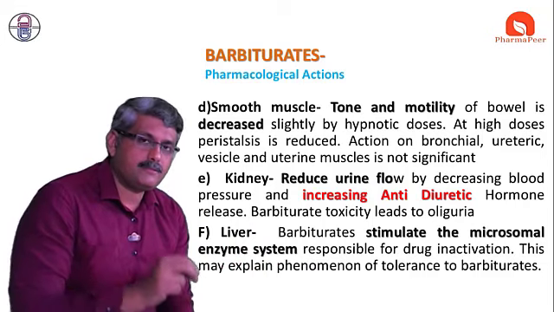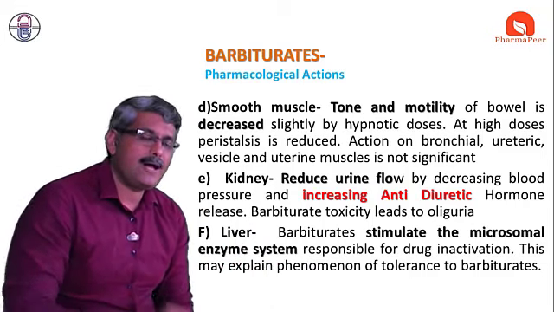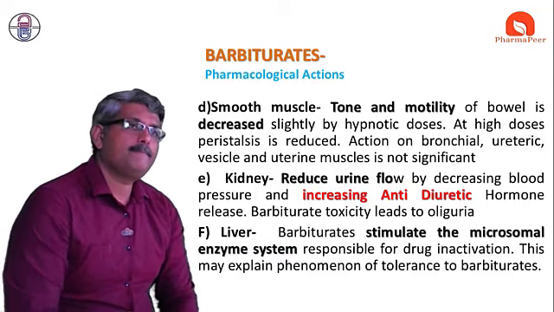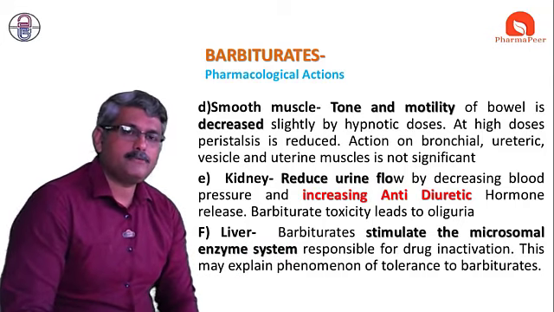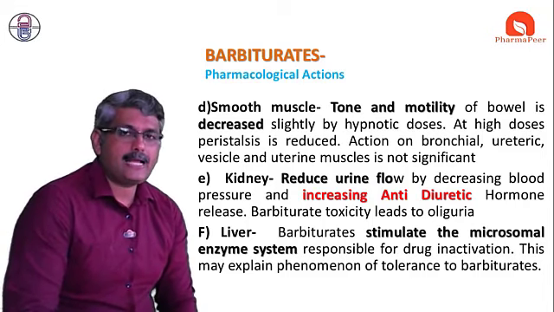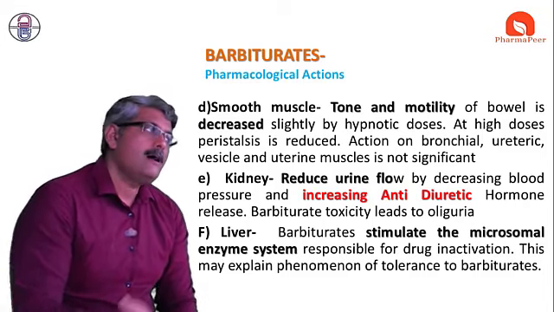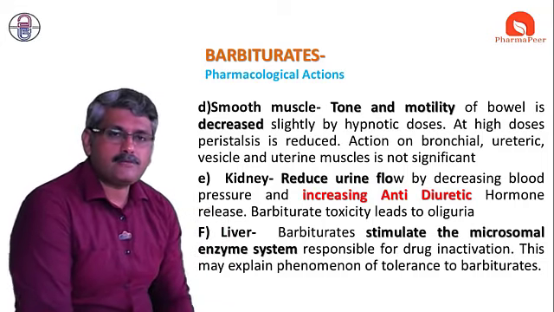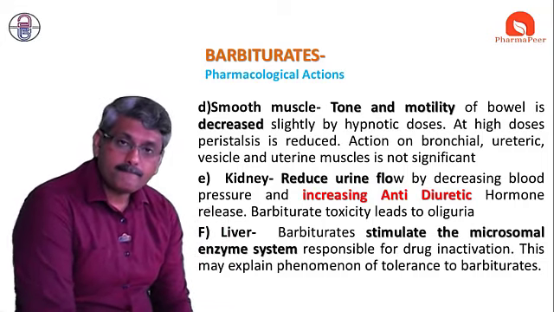This is why we can consider that tolerance to barbiturate is increased. Due to the increase in microsomal activity, we do not get the effect of the barbiturate that we need. Initially, if we are giving 10 milligrams of barbiturate, after a certain period of days 10 milligrams is not sufficient to produce its effect. Why?